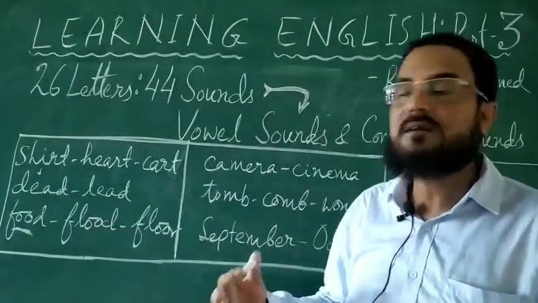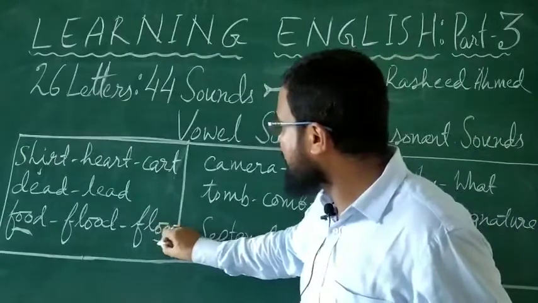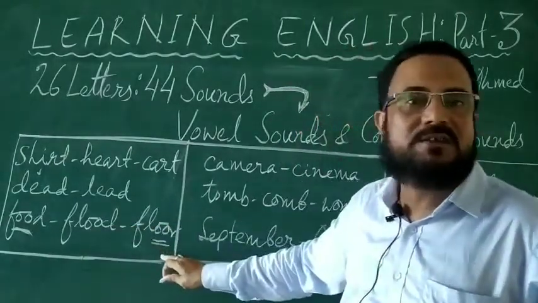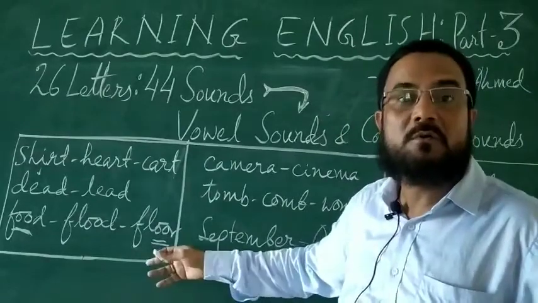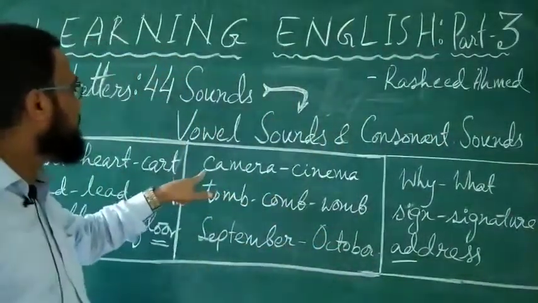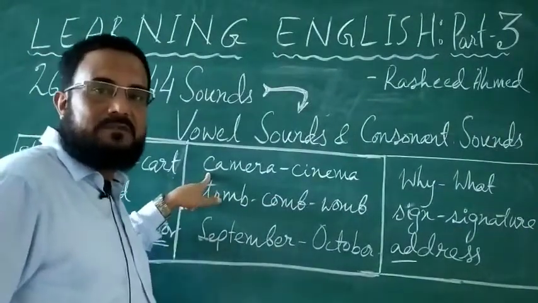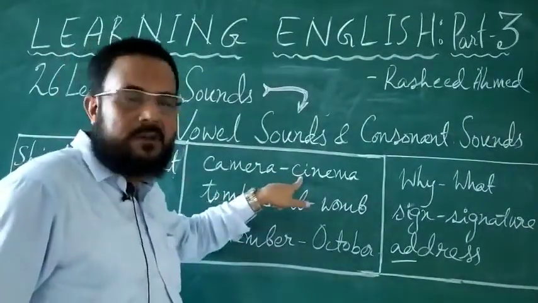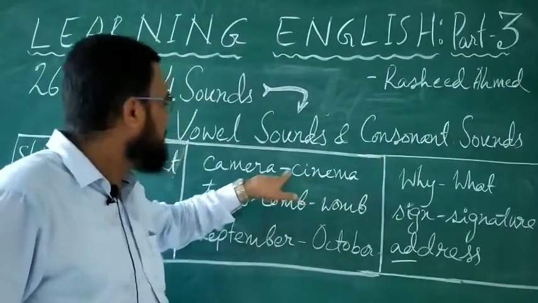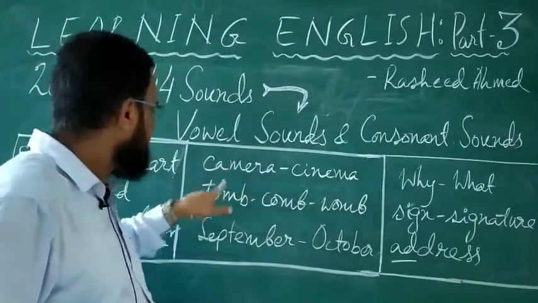It is flood. But here again, F-L-O-O-R, if it is flood, it should be flour, but that is not the case. Again you see camera and cinema. If in camera C gives the sound of K, it should be kinema. Or if cinema is okay, and C gives the S sound, this will be semera.